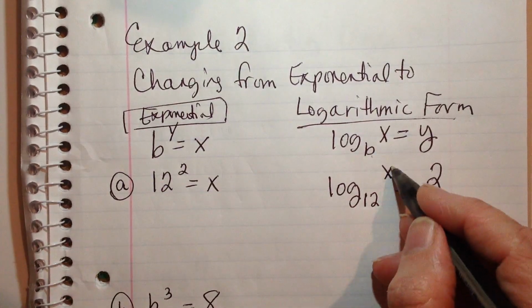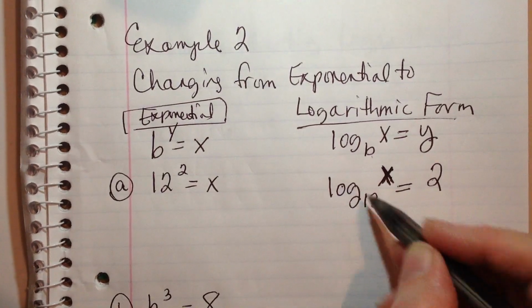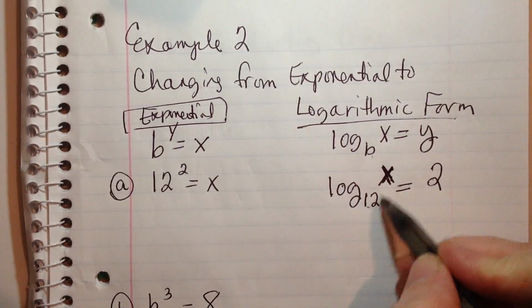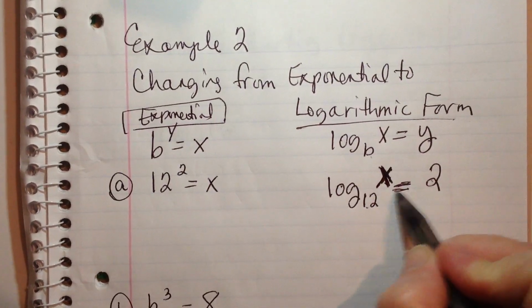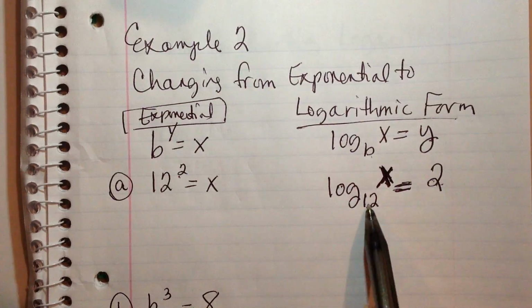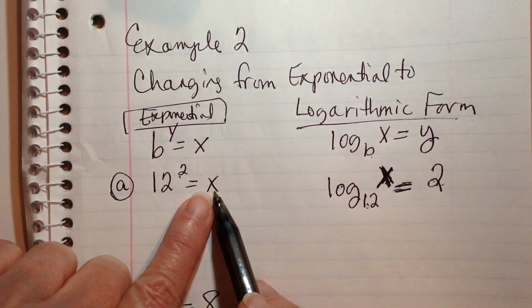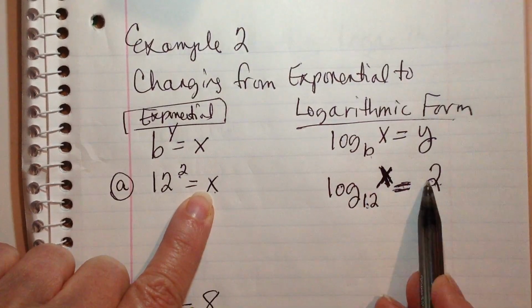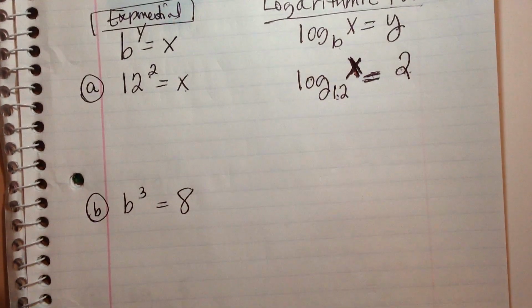I said that wrong. This is log base 12 of x equals 2. This is not an exponent. This is your exponent over on the left side. So this is log base 12 on the other side, x equals your exponent. All right, now let's look at this side.